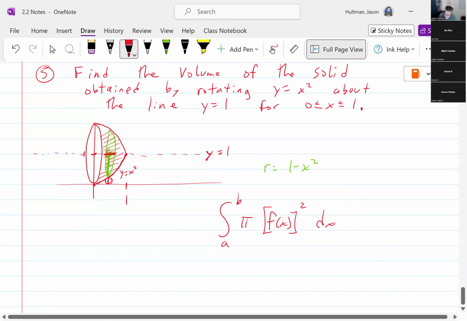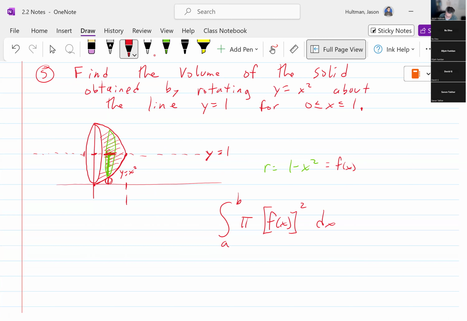This is really R. And so what is f of x? F of x is this whole thing. It's the radius. So the f of x is the length of the radius.